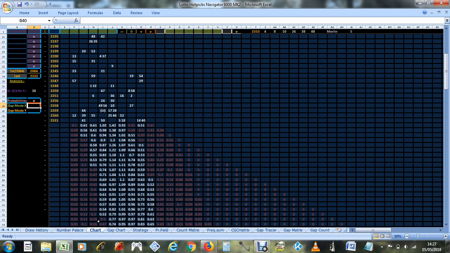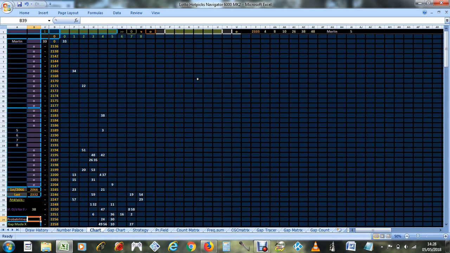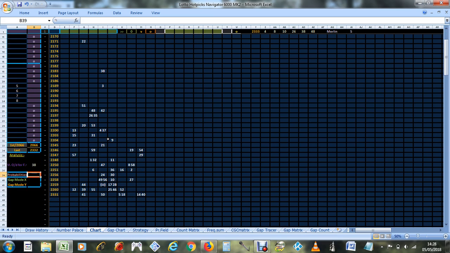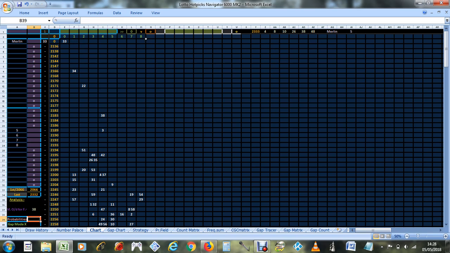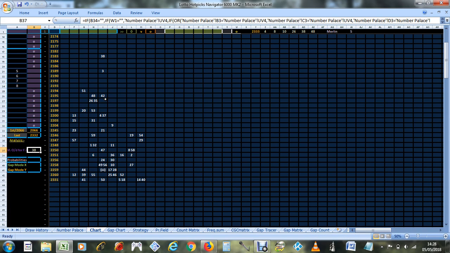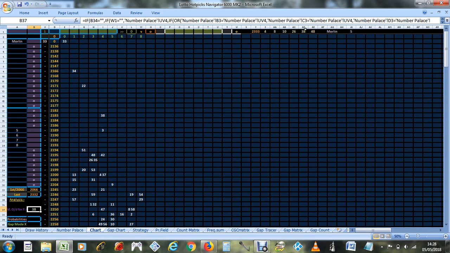Now, this is the chart showing where the numbers were in relation to each other in terms of frequency and the last draw that they appeared in. And on this chart you can see number 38 is the one that's most overdue for its frequency, and that's one of the numbers that came out.